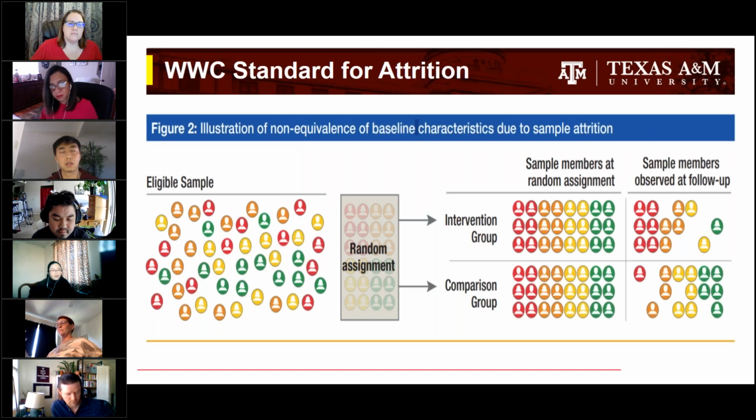Then you want to make sure you have the same number or percentage of special ed students assigned to treatment and control, because you think your intervention will affect special ed students in a particular way, and you are interested in investigating the intervention effect on this subgroup. Then you want to make sure each condition has the same percentage.